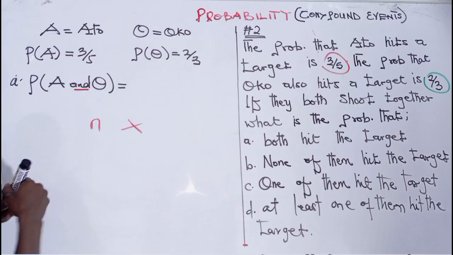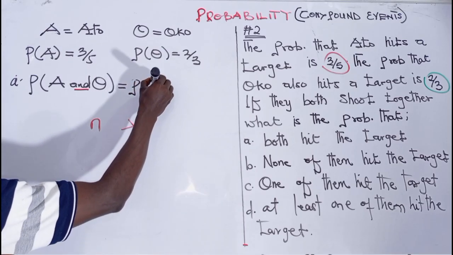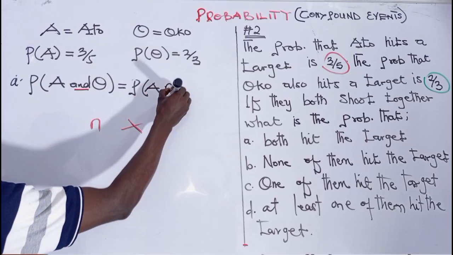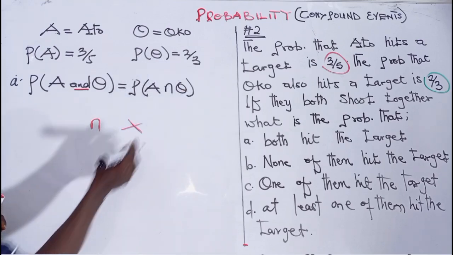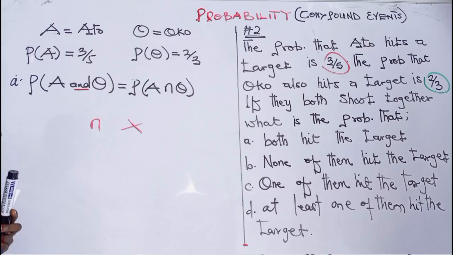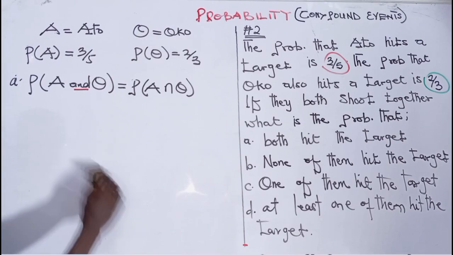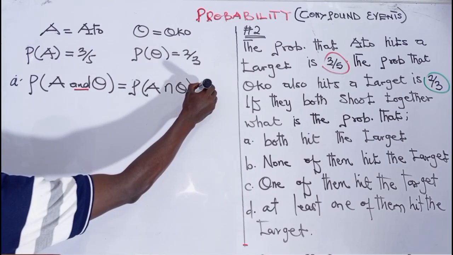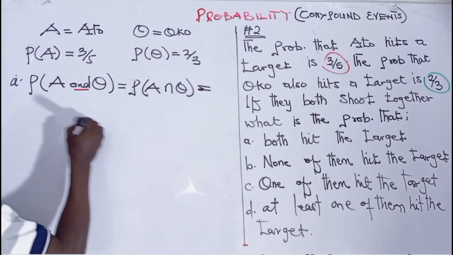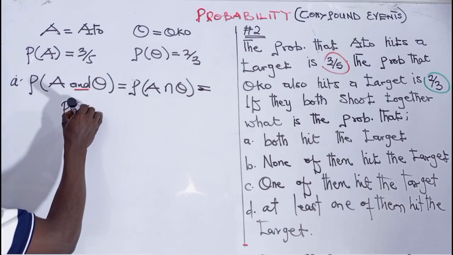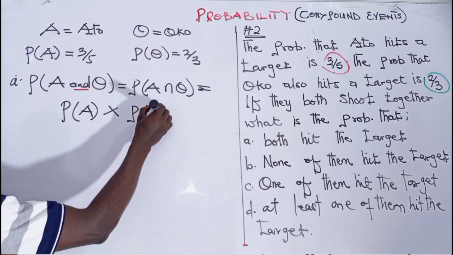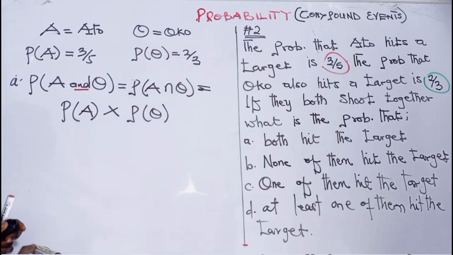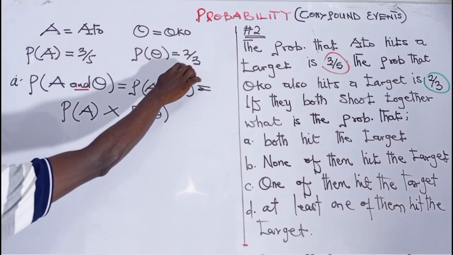So we can write it as the probability that Ato hit the target and Oko also hit the target. This symbol means the intersection. Once we have this, we apply the multiplication law of probability. So we have the probability that Ato hit the target multiplied by the probability that Oko also hit the target. We substitute in their corresponding probabilities.